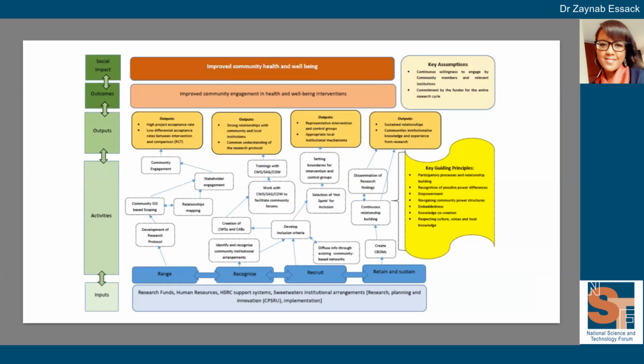And, just like the importance of community participation entrenched in our constitution, community engagement is a fundamental component of what we do. Our research agenda, as far as possible, includes the participation of the community.